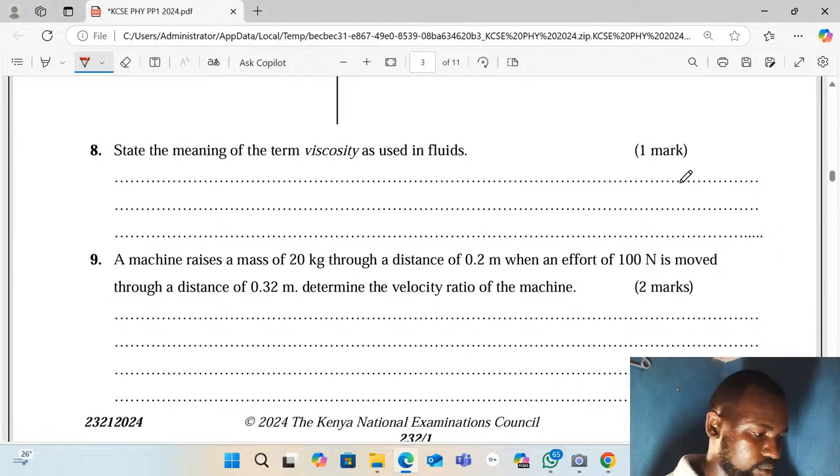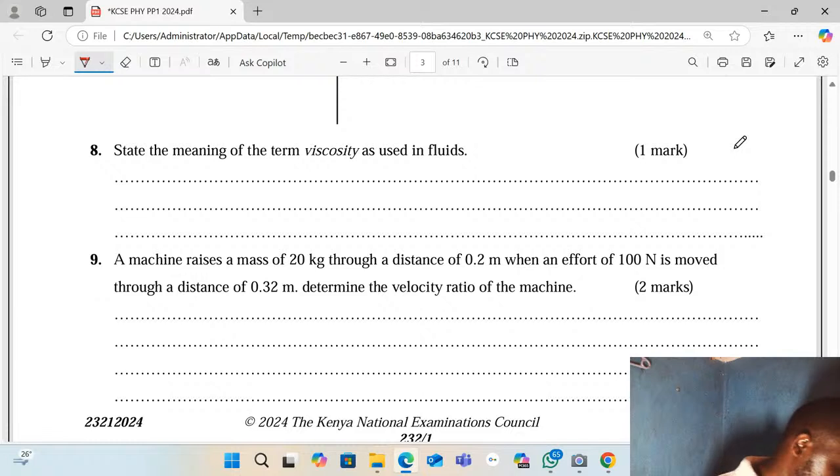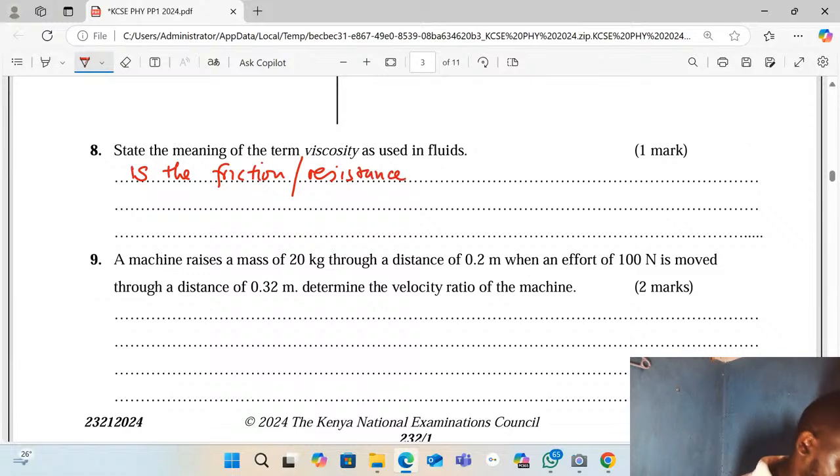Therefore, this is the friction or resistance to motion in fluids.